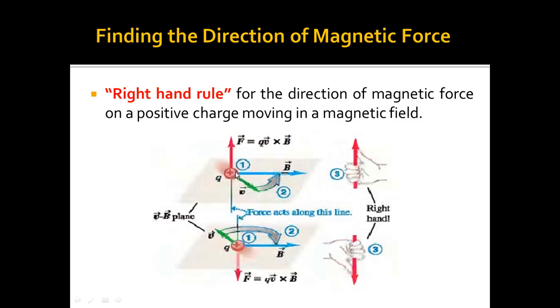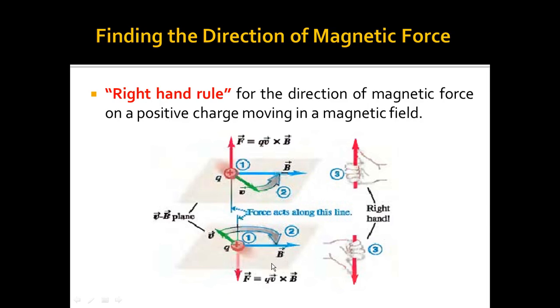Try to notice that the direction of the magnetic force is always perpendicular to the plane containing both velocity and magnetic field. Okay, so let's try that again using the second scenario. So we have the same positive charge, but this is moving towards this direction as indicated by the green arrow. Now, the velocity is still pointing towards this direction.